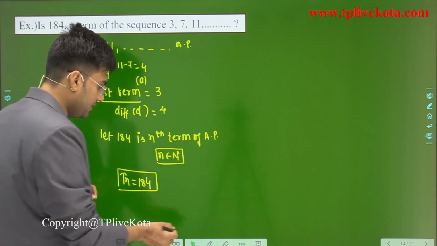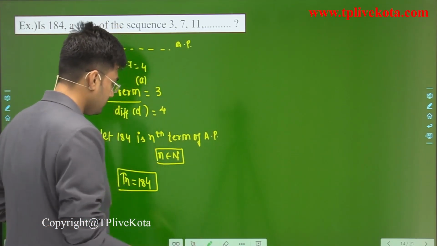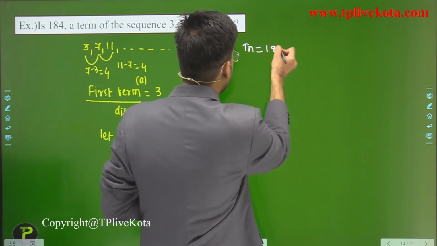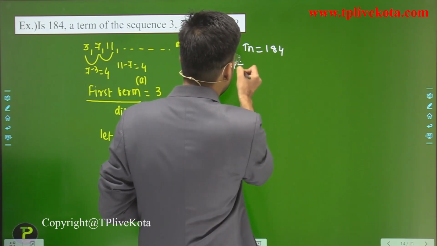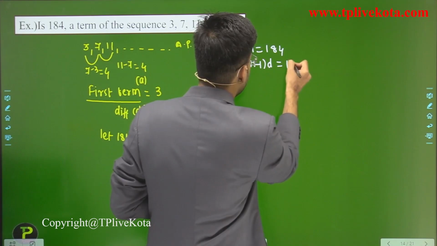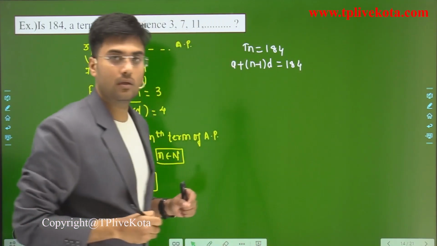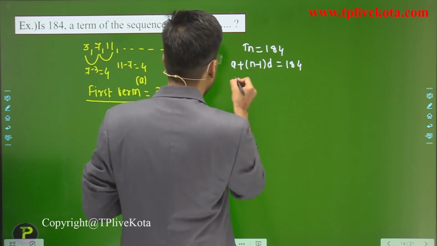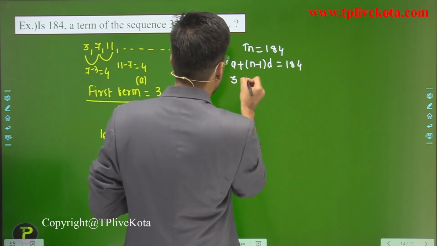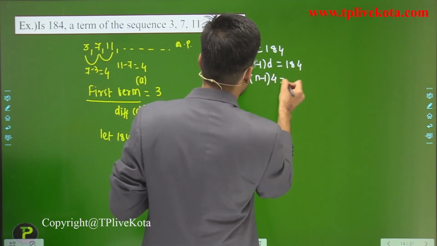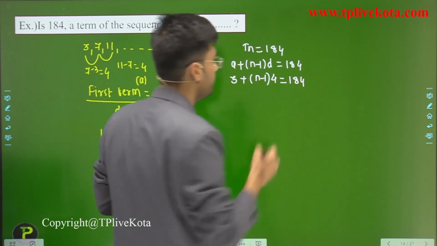Okay, so now let's start the solution. Tn is equal to 184 and Tn is what? a plus n minus 1 d is equal to 184. Now a is 3 plus n minus 1 and the common difference is 4, equal to 184.